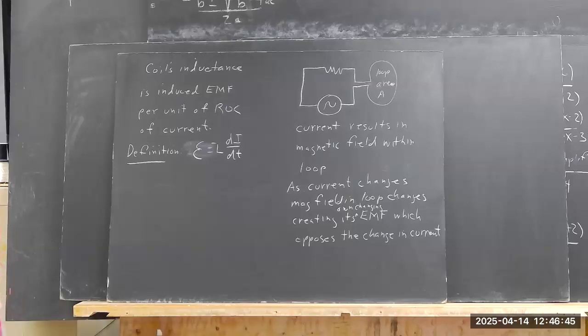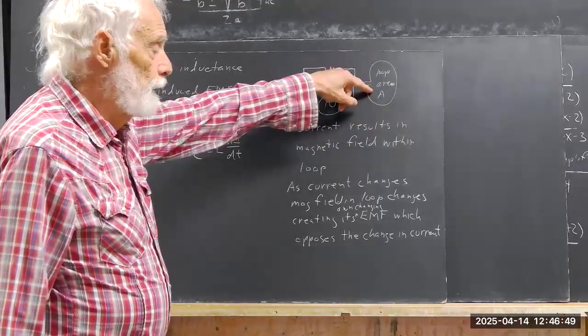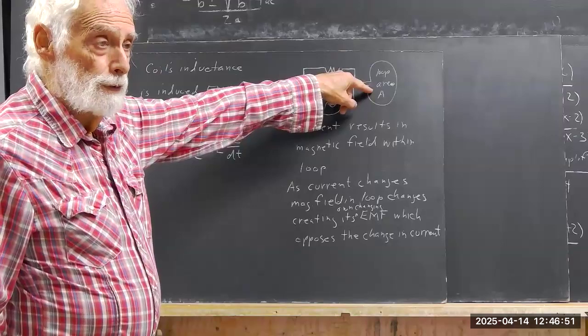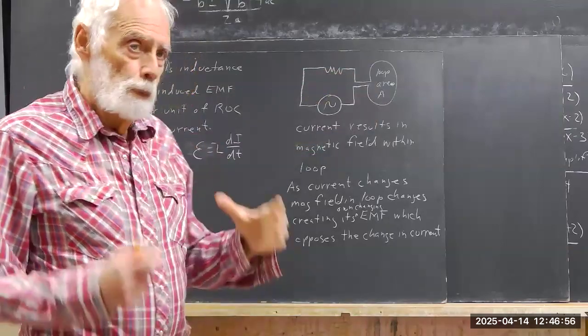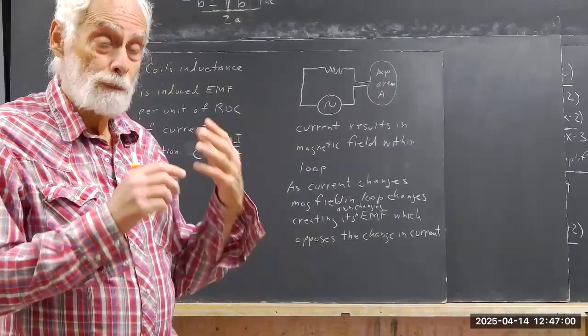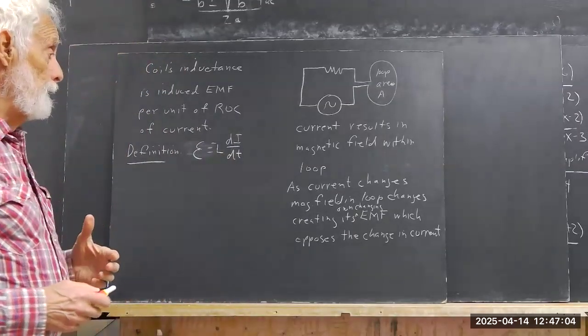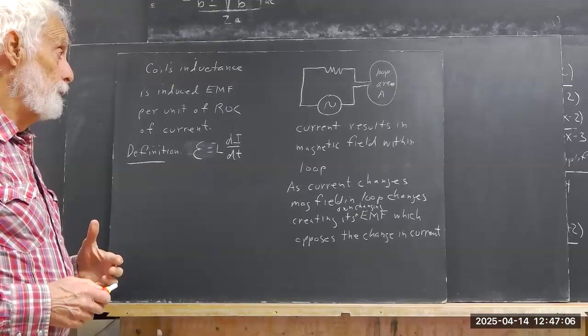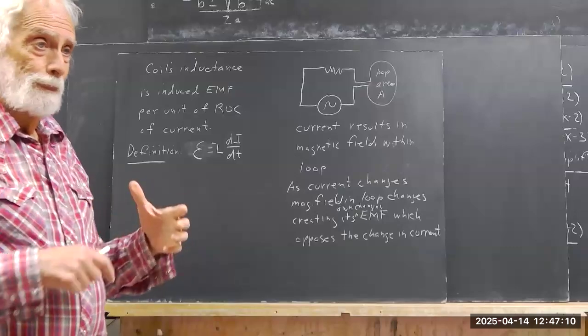Now, it would be difficult to figure out the inductance of a single loop, simply because we can calculate the magnetic field at the center if we know the current, but we don't know the magnetic field at other points.